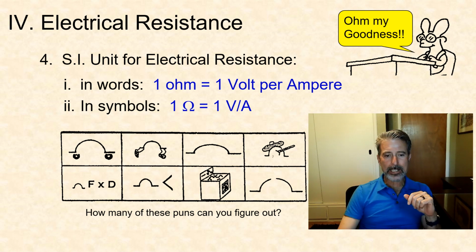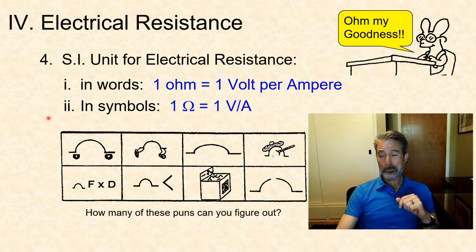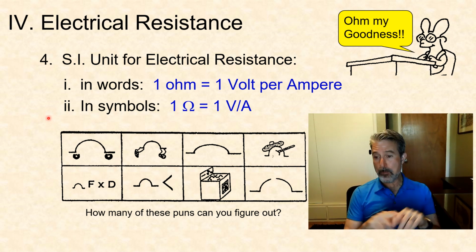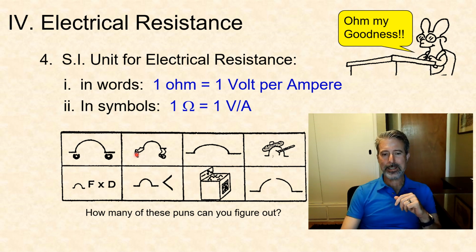If we look at the picture in the upper left here, that is what we would call a mobile ohm. The one next to that, you might have figured out, is what we would call an ohm run. This one over here I'm showing you is what we would call the ohm stretch, running along the lines of the baseball thing. And the last one in that top row is ohm sick.